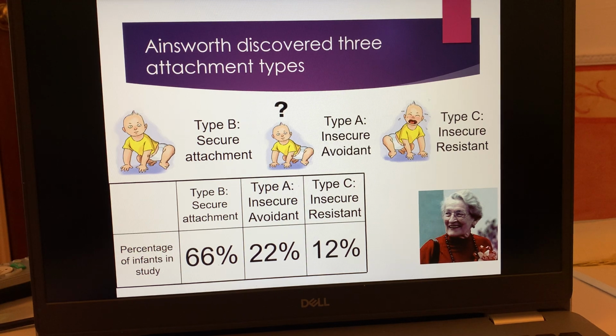My way of remembering it: type A is avoidant, type C is insecure resistant, resistor potentially. Type B is in the middle, so try to remember that.